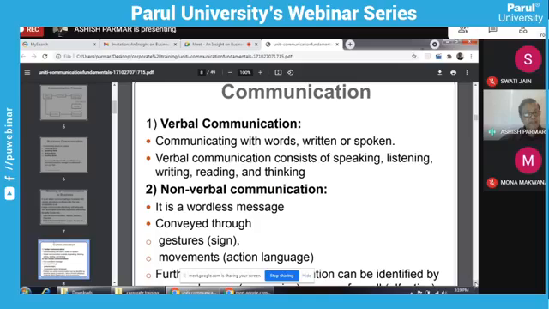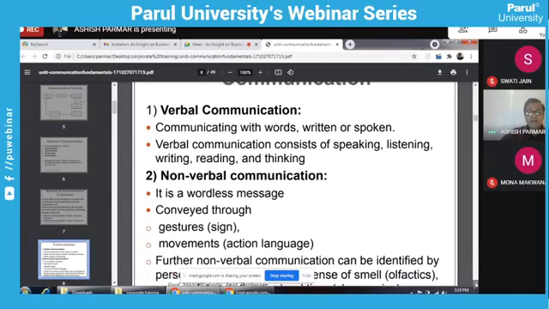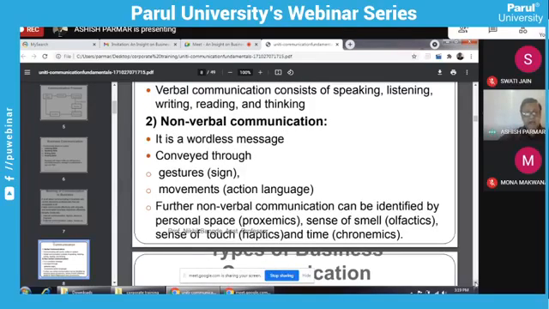It is a wordless message which we send, conveyed through gestures, signs, postures, actions, movement, eye contact, eye movement, the way you sit, the way you stand, even the dressing in certain communicative environments. Your dressing sense is also a way of sending a message to people. What clothes you wear and what kind of personality you possess sends out a message to people without anything being said.